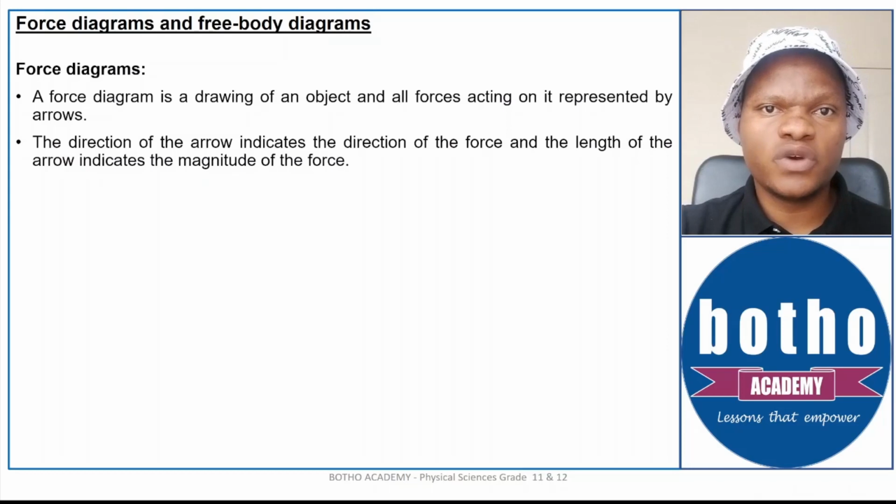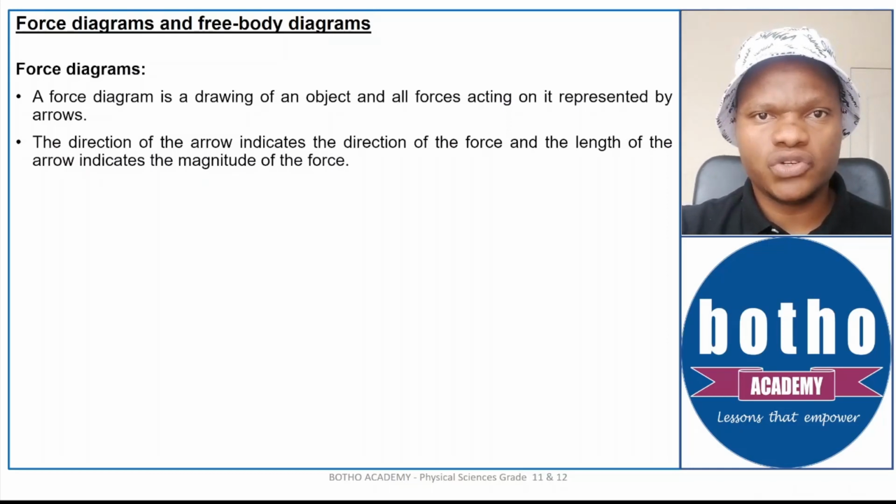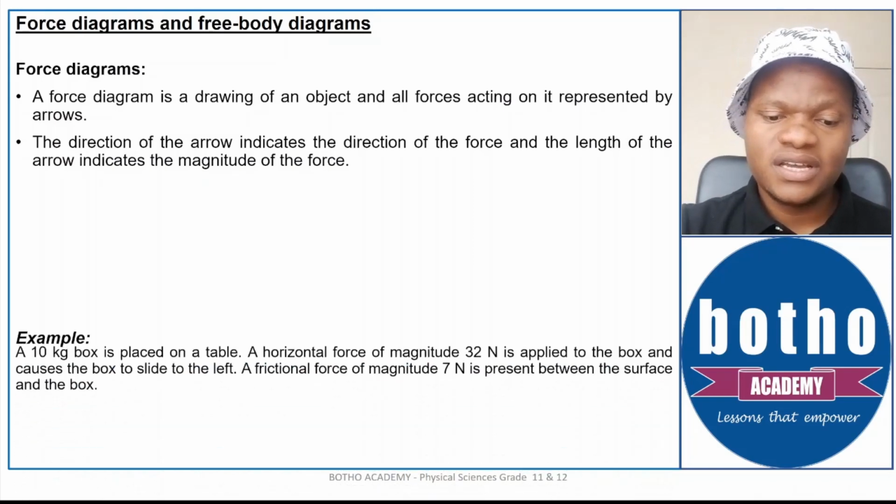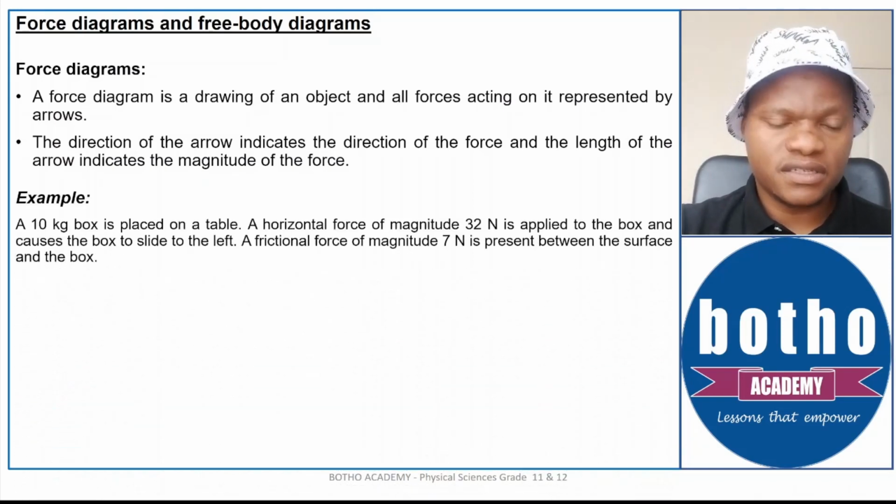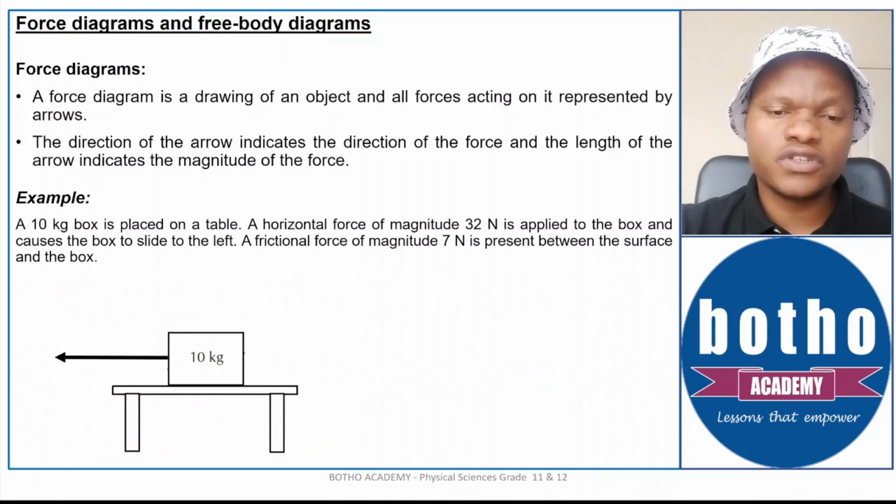If you have two forces, one of 30 newtons and another one of 10 newtons, the arrow representing the 30 newtons force must be longer than the arrow representing the 10 newtons force. That is also important.